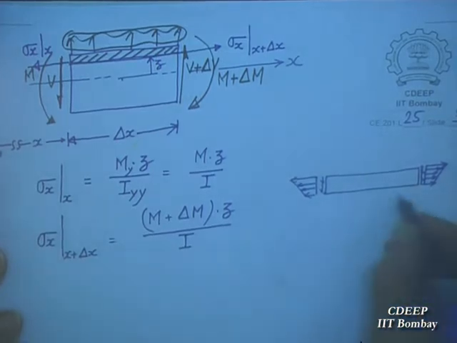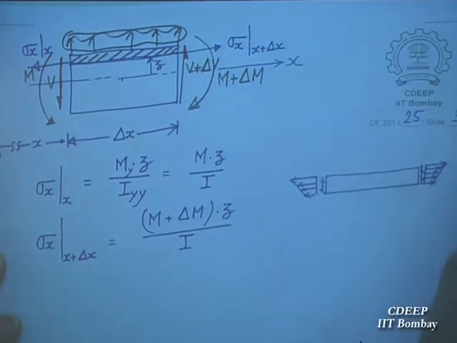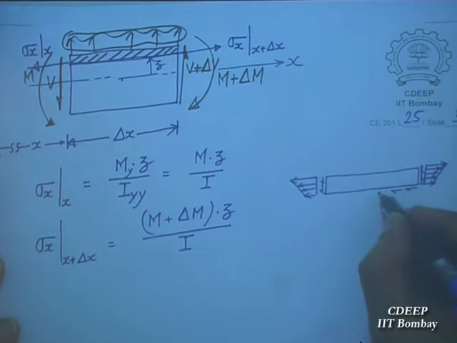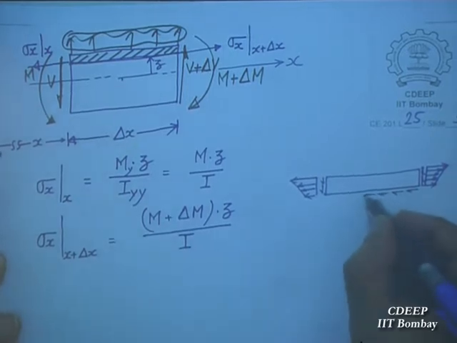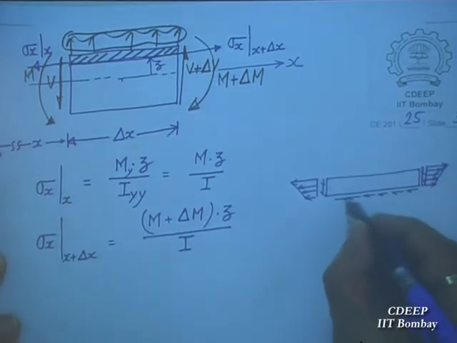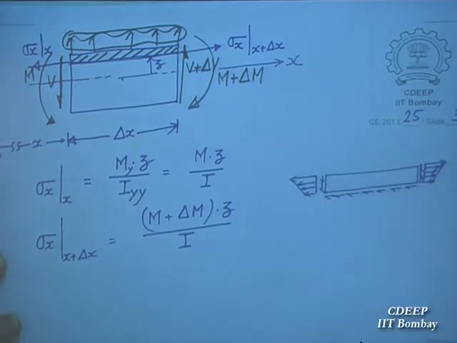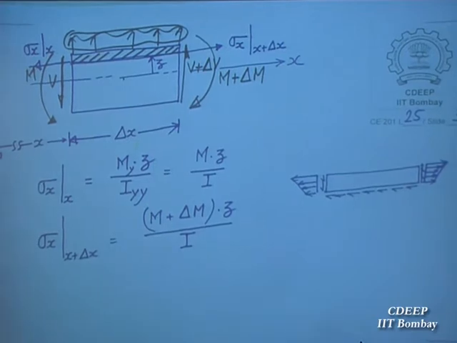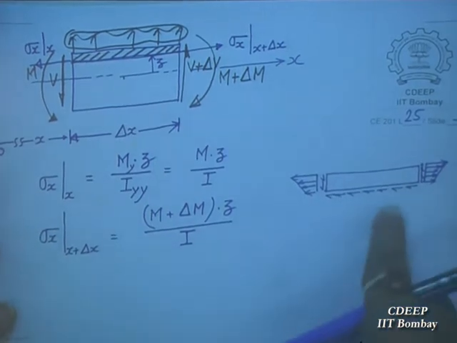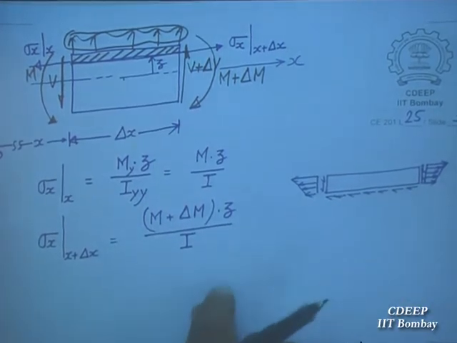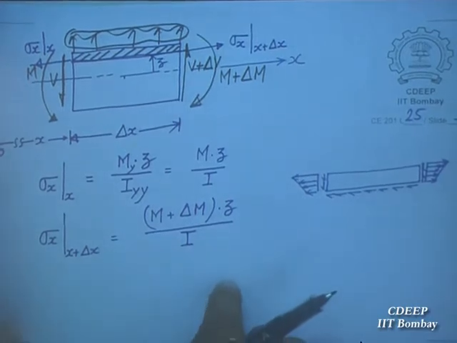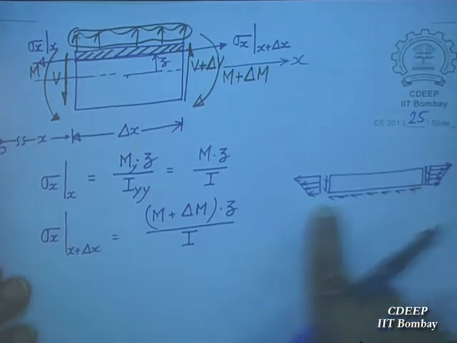And what about this point here at the bottom? Bottom will be what? Why should it be like this? What is this? It is shear stress. Why is the direction like this?